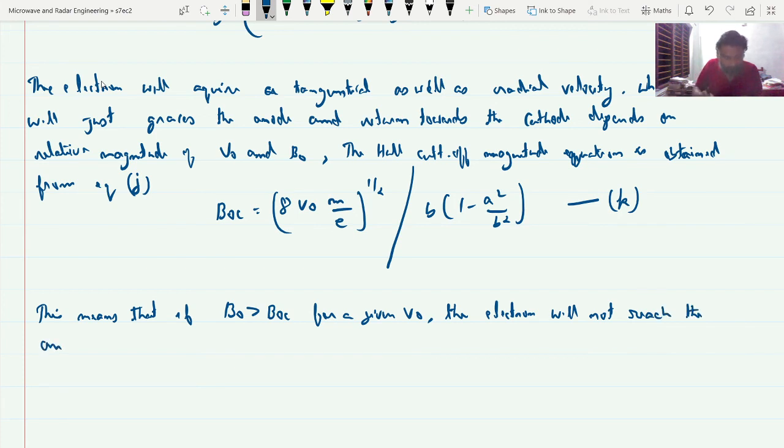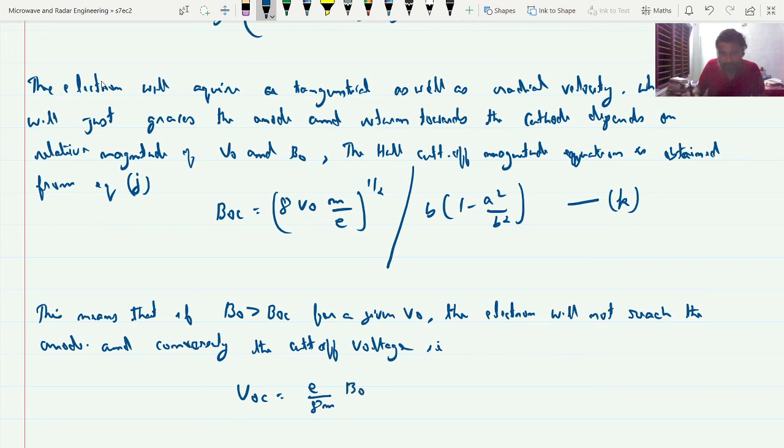Conversely, what happens, the cutoff voltage, that is V naught C is nothing but e by 8m into B naught square b square into 1 minus a square by b square. Call it as equation L. Okay.